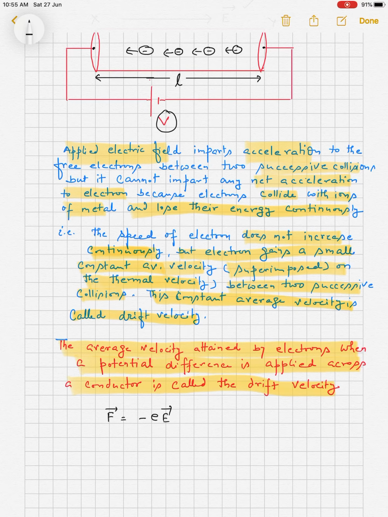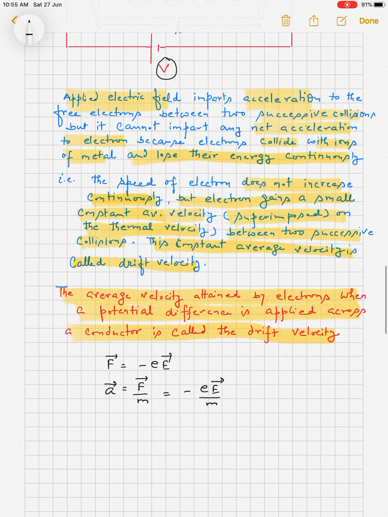The minus sign shows that the direction of F is opposite to the direction of E. According to Newton's second law, the acceleration is F upon m, that is minus eE upon m.